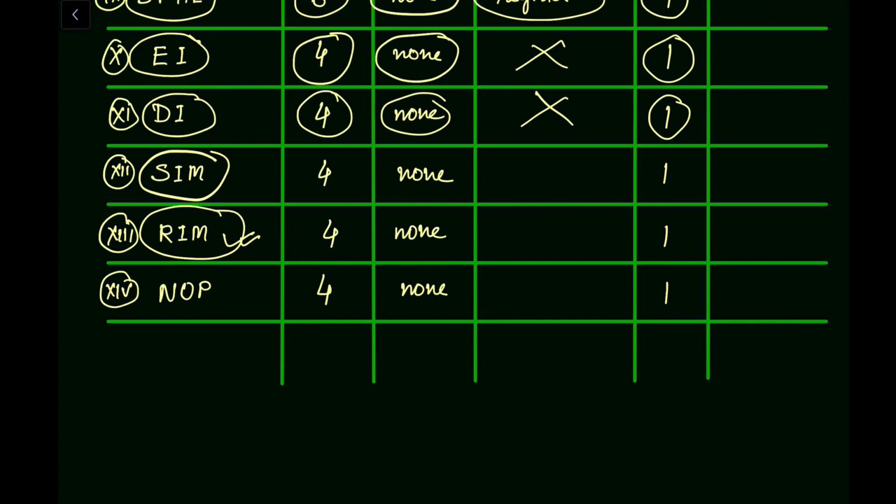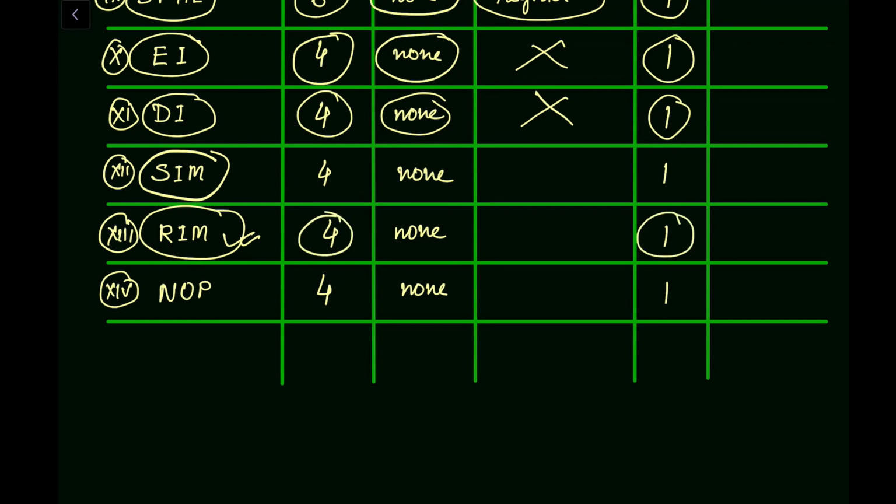This instruction is used to read the status of the interrupts, that is 7.5, 6.5 and 5.5, which are the status interrupts, and the serial data input bit. We will see in our upcoming videos in detail how the RIM instruction is executed. We need only one machine cycle and 4 T states.